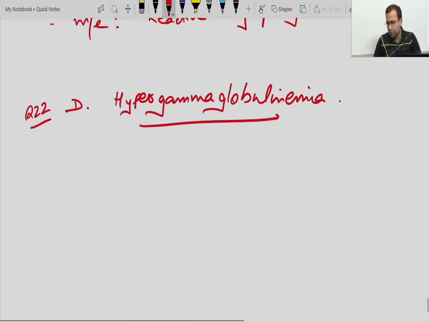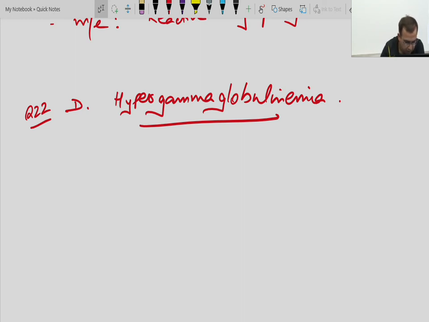First point. So before we go further, I'm interested in 3 points in this: the diagnostic criteria for multiple myeloma, the prognostic factors, and the genetic abnormalities. We'll have a look at these 3 points. You obviously know what they look like microscopically.